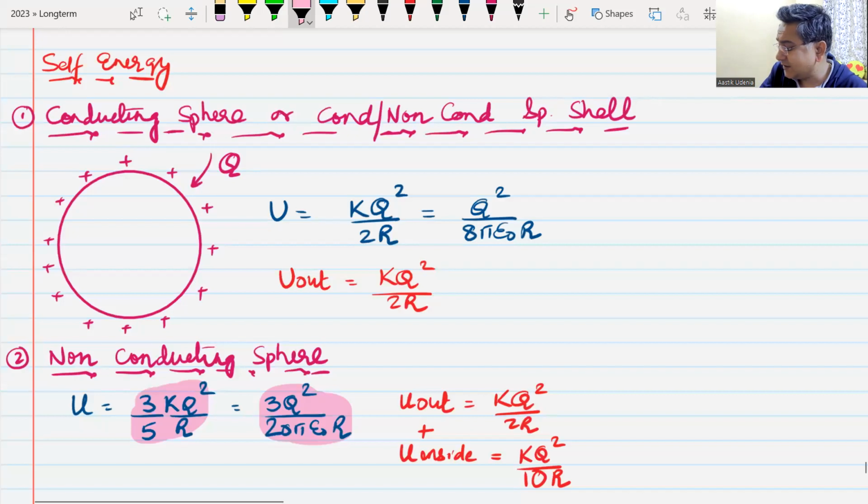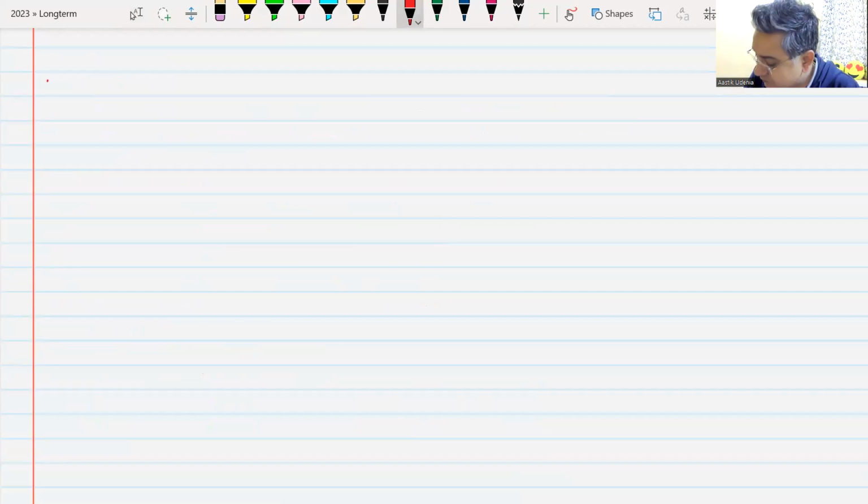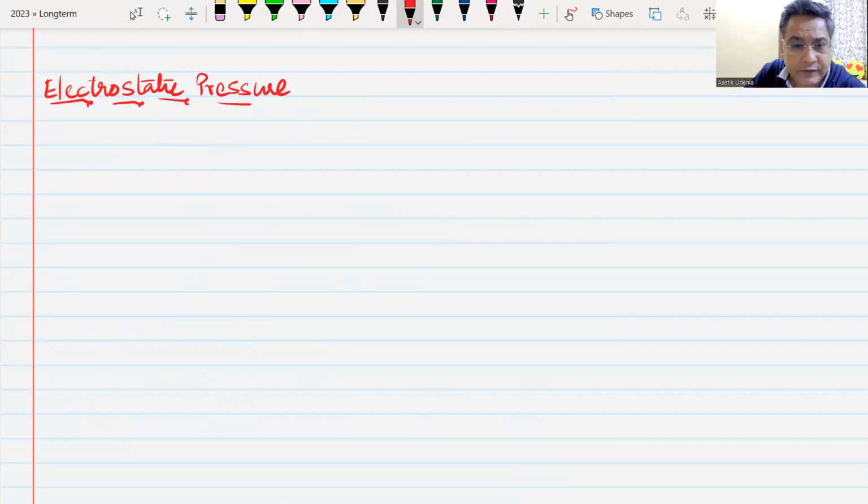We move on to the next heading, which is electrostatic pressure. We'll just write the heading and write down the value. Whenever we have a conductor, the charge on that conductor creates an electric field. Because of this electric field, the surface of the conductor experiences electrostatic force.